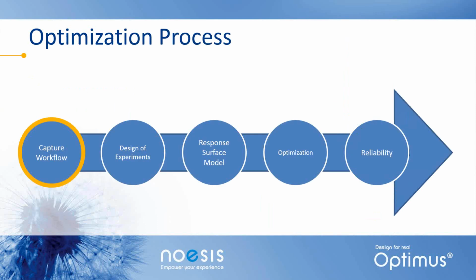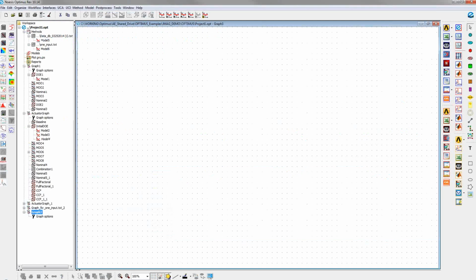So the first step of our optimization process is to capture the workflow. And this actually brings us to the user interface of Optimus, which you should be able to see on your screen now. The primary screen here is the graph area, and that's where we will actually recreate or grab our workflow.